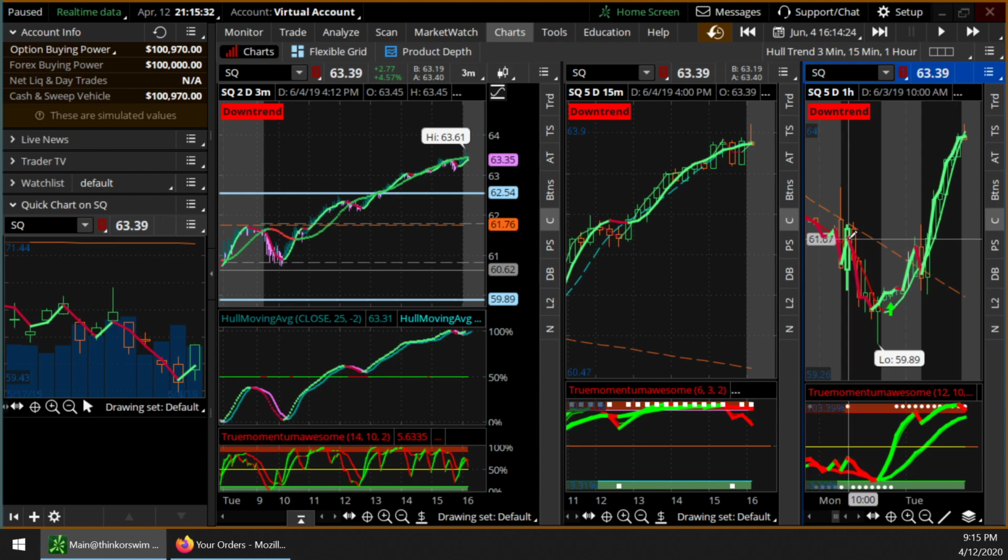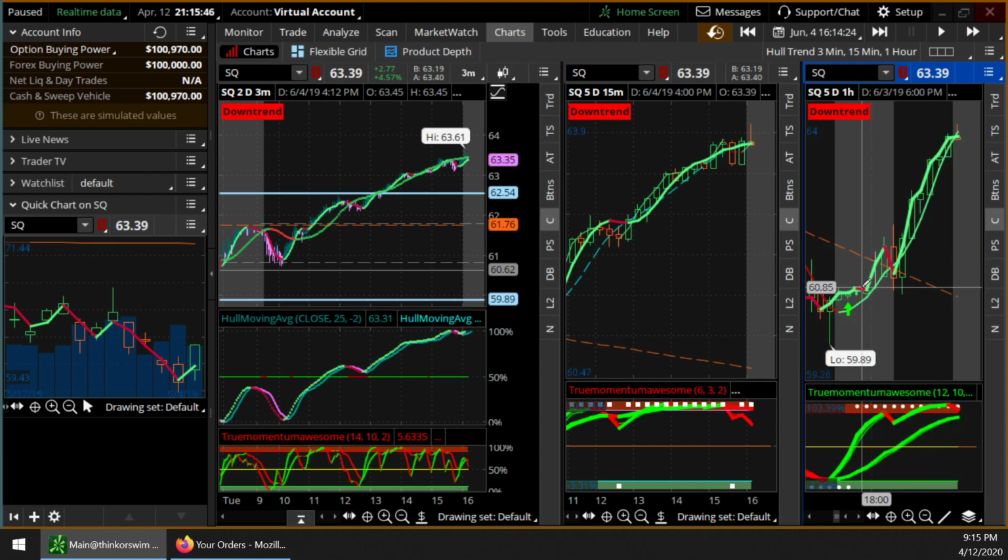You want to wait for that 2 hull to go back to red and match that 10 hull, and then from there you can buy a put on it, and your overall odds are a lot better because you're matching up the colors and you're matching up the trend essentially.